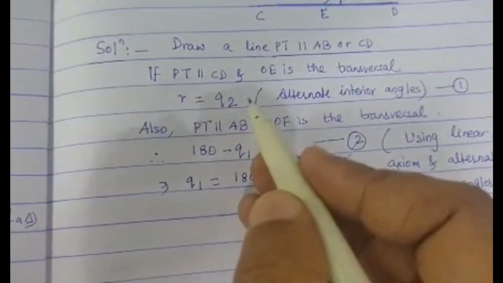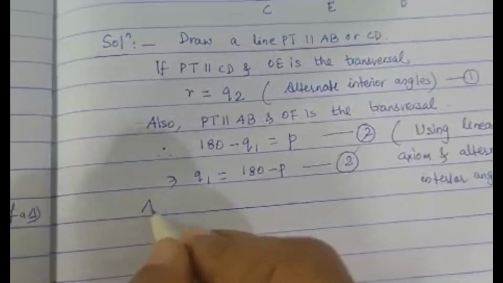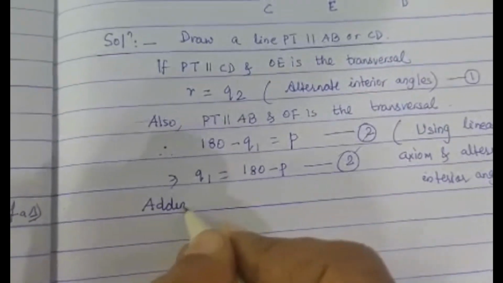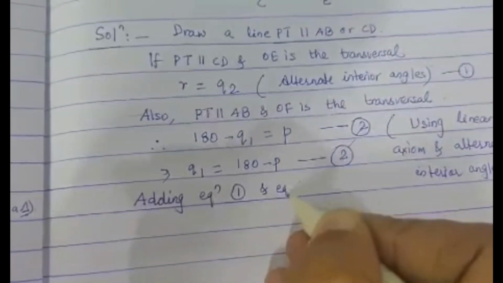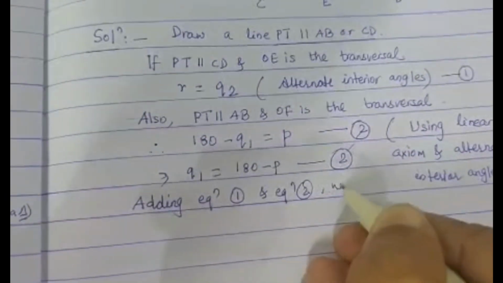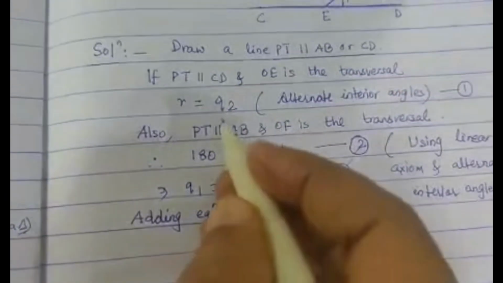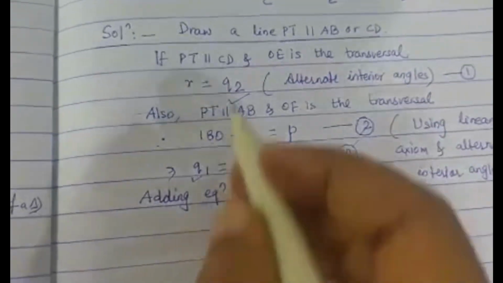Now let us add both sides of equation 1 and equation 2. What do we get? On the left hand side, we take Q1 and here Q2, here Q1.